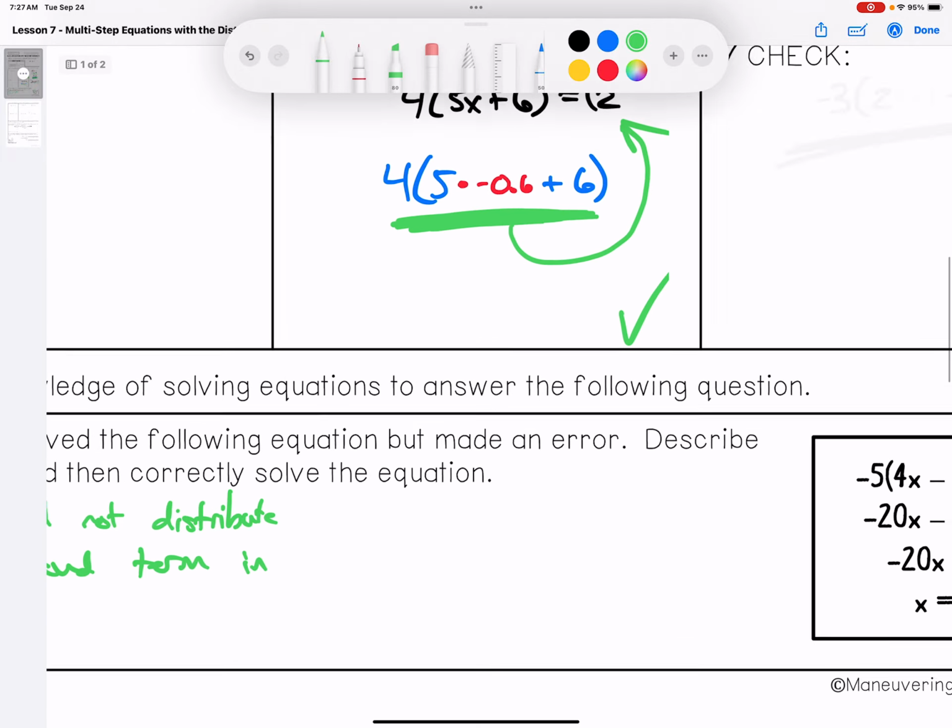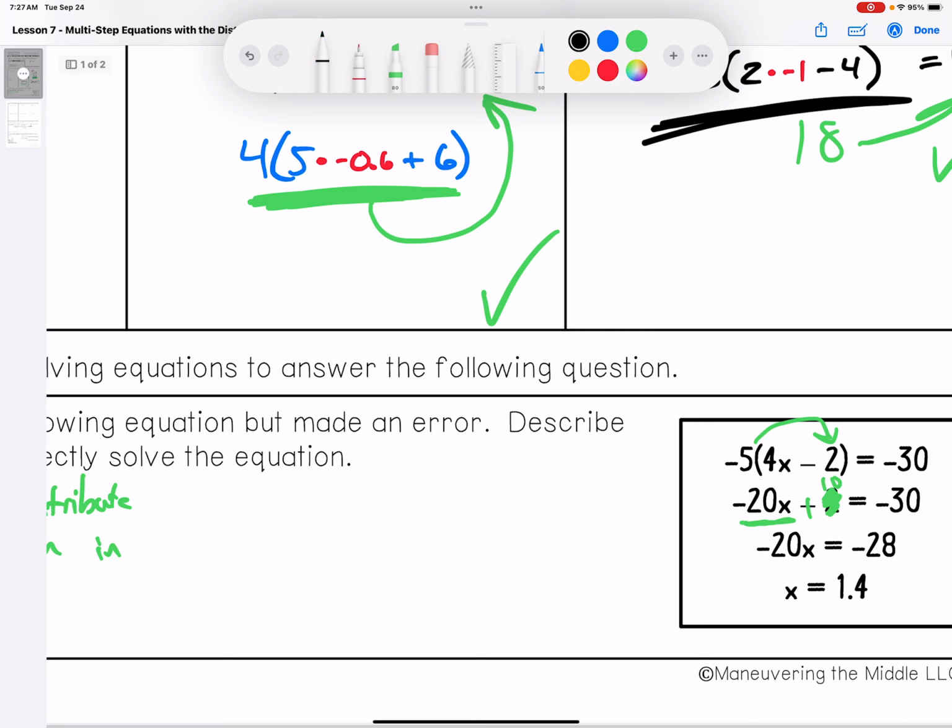All right, so let's go over here and solve the actual problem. I'm just going to rewrite it. Yes, you need to do this if you haven't. Okay, negative 5 times 4x, that is negative 20x. Negative 5 times negative 2 is positive 10.